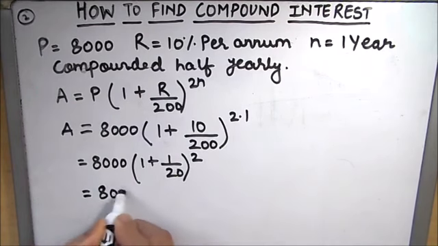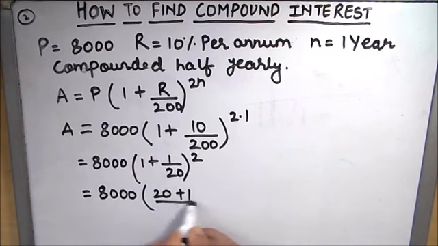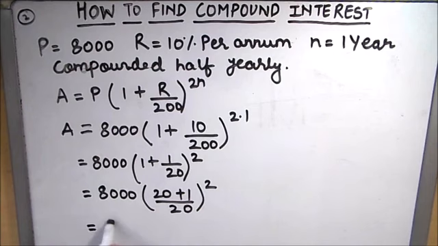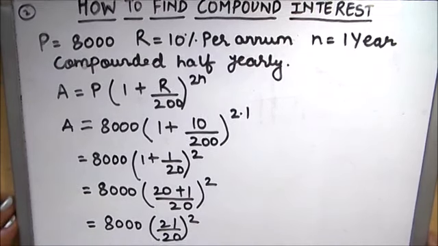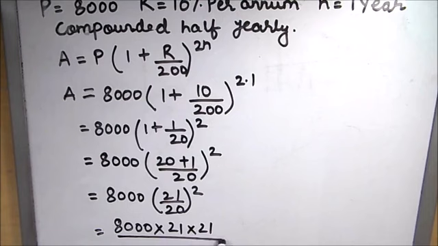So this is going to be 8,000 times (20 plus 1 over 20) squared, or 8,000 times 21 over 20 squared. So this will be 8,000 times 21 times 21 over 20 times 20.